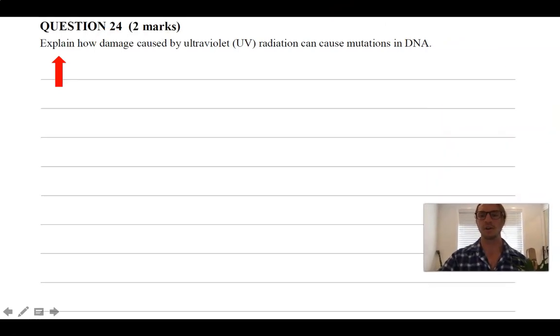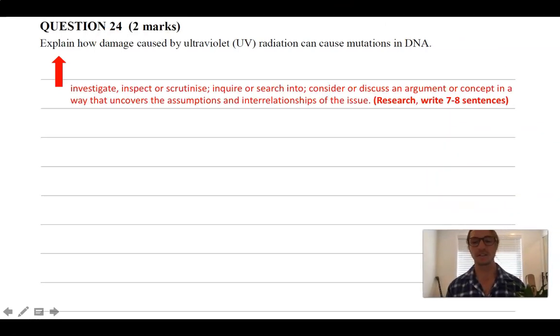So when you see that cognitive verb, this is what it actually means: to investigate, inspect or scrutinize, to consider an argument, to uncover assumptions and interrelationships of the issue. Basically, when you see the word explain, think 5 to 8 sentences would be fine. So I want you to research this and come up with a response. Pause the video here and I'll show you an example in a sec.